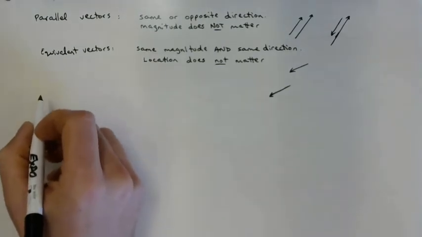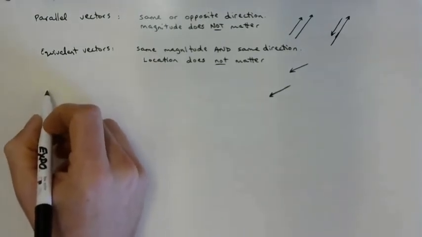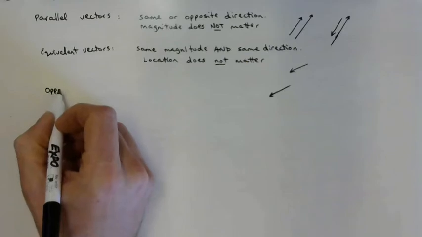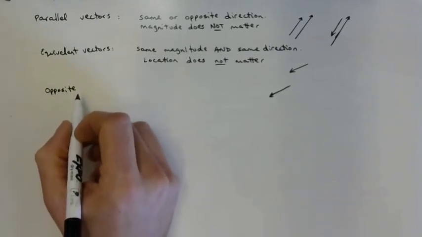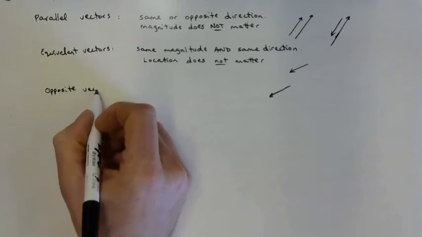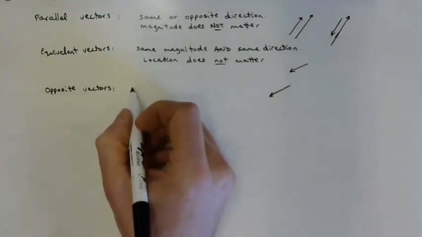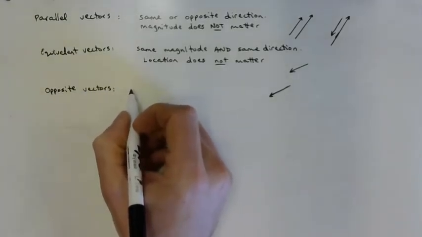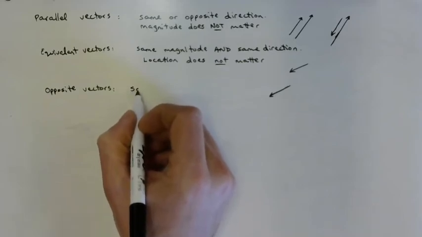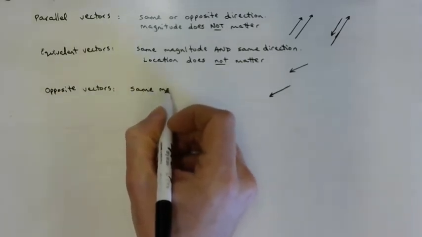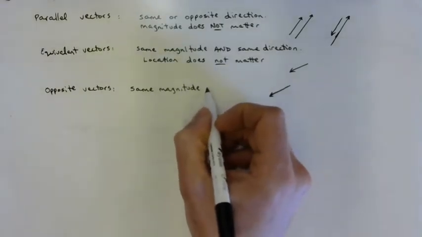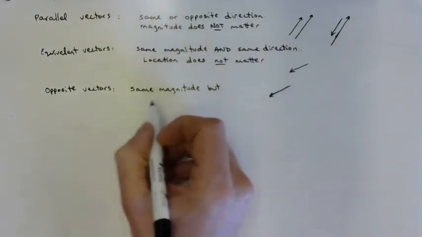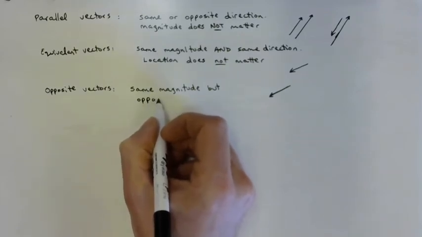All right, and then you have opposite. After we're done this, I'll draw a diagram to explain them a little bit better. But then you have opposite vectors. Opposite vectors have the same magnitude but opposite direction.